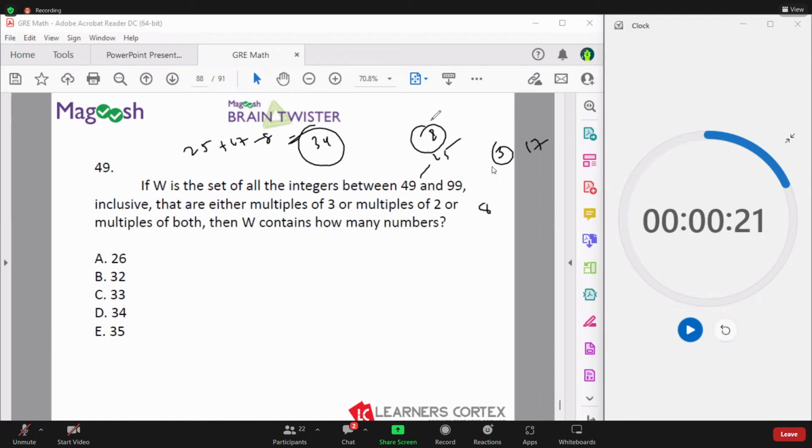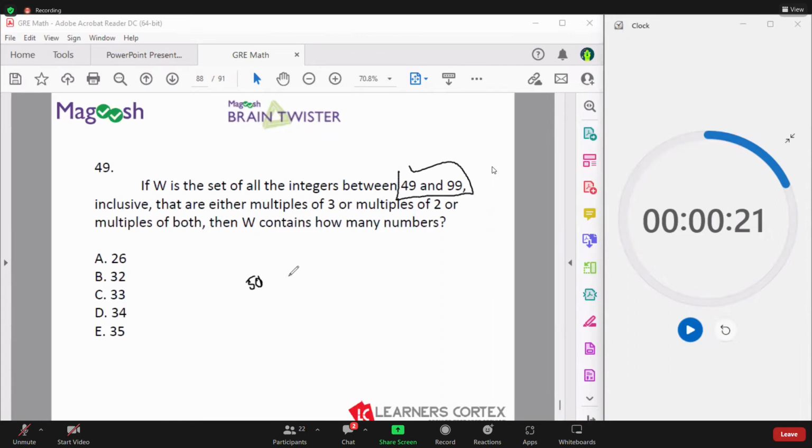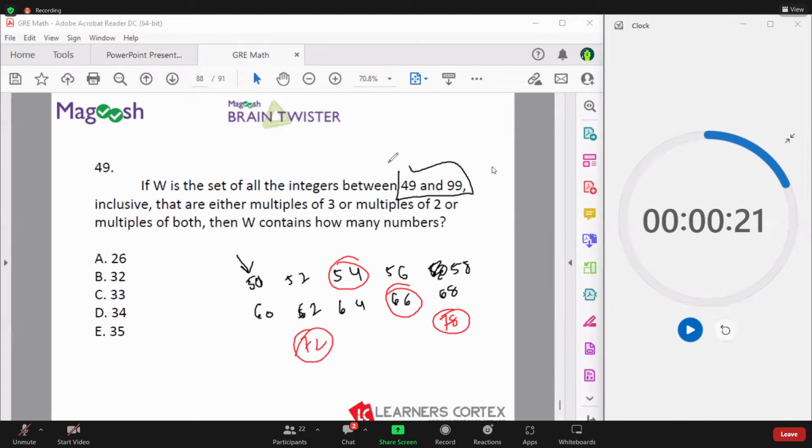So the thing is, when we are counting the multiples of 2, such as 50, 52, 54, 56, 58, then 60, 62, 64, 66, and 68, in all the multiples of 2, the multiples of 6 also get added. Similarly, 78 will also be counted, 72 will also be counted.